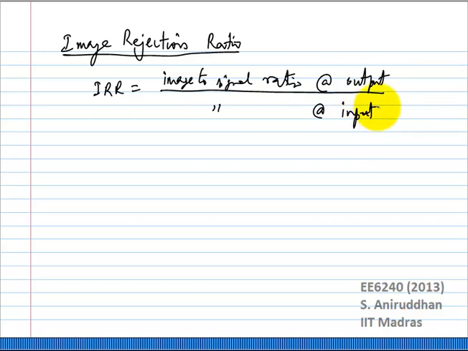Okay, so this is the image rejection ratio of the receiver.